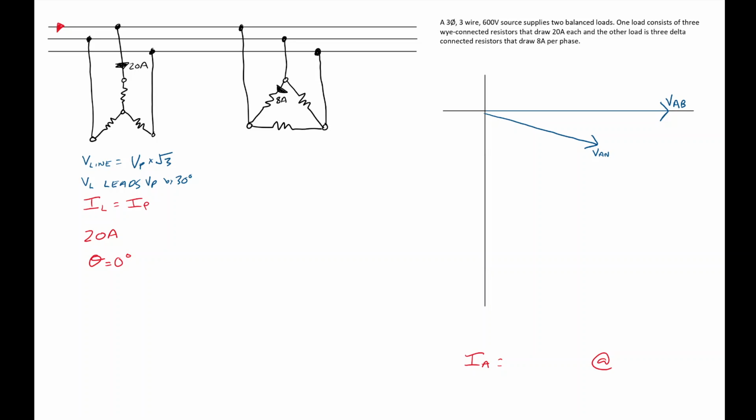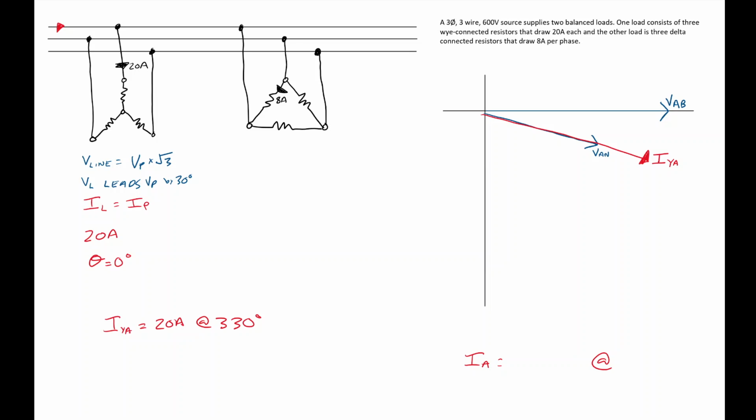My voltage is at 330. That means that my current is going to be here at 330 degrees as well. So this is I Y A. Right, so that's what I've got. So I Y A equals 20 amps at 330 degrees.